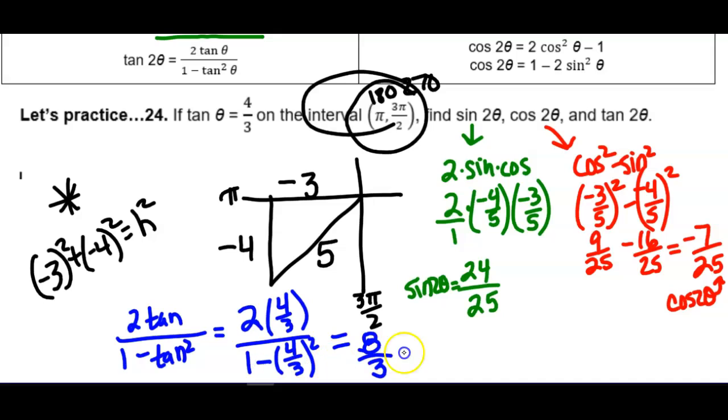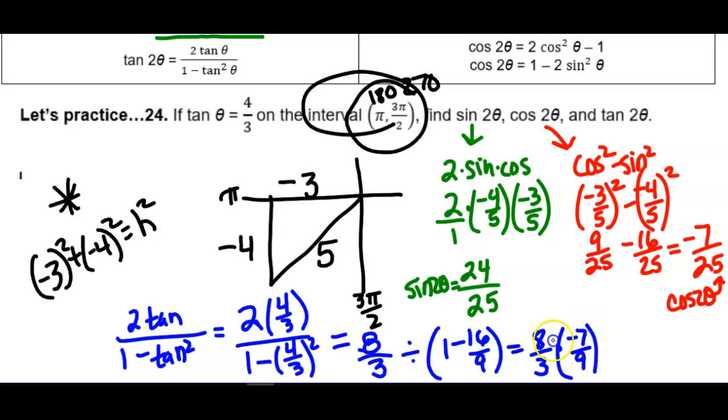This denominator is 1 minus 16/9, which is, I'm not going to use my calculator, you can use a calculator. 9/9 minus 16/9 would be -7/9. I didn't flip it over yet, so that's still divide. So I get 8/3 times 9 over -7. 3 goes into 9 3 times, which is 24 over -7.